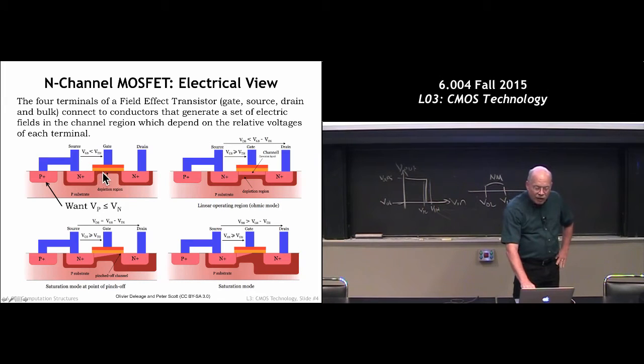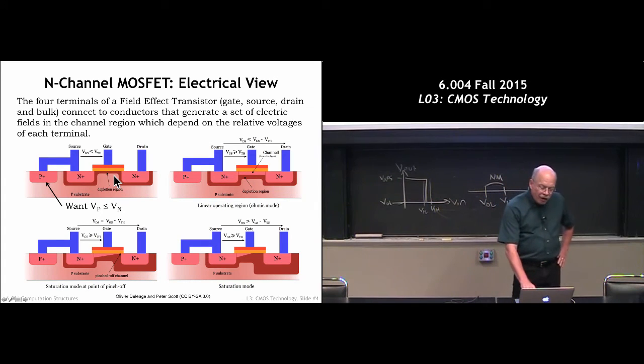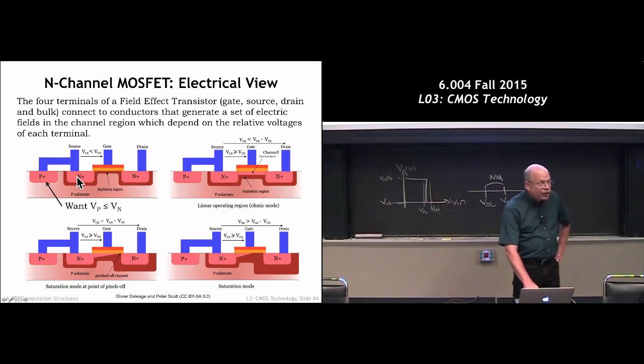With not much charge on the upper plate of the capacitor, there's a little region of non-conducting material that forms at the junction of the P substrate material with the source and drain material. That serves as an insulator, so there's no electrical connection here.